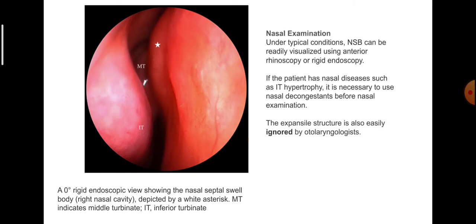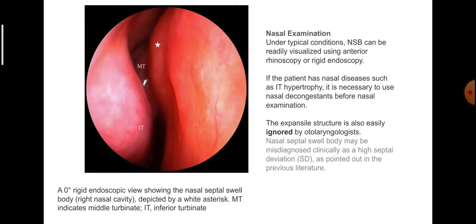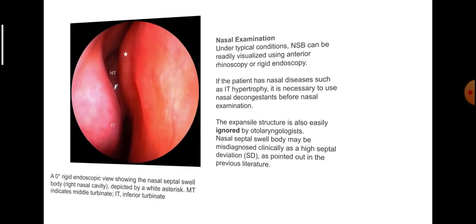The expansile structure, so far we have ignored the swell body of the nasal septum. Nasal septal swell body may be misdiagnosed clinically as a high septal deviation, as pointed out in previous various literatures. This is the swell body of the nasal septum.